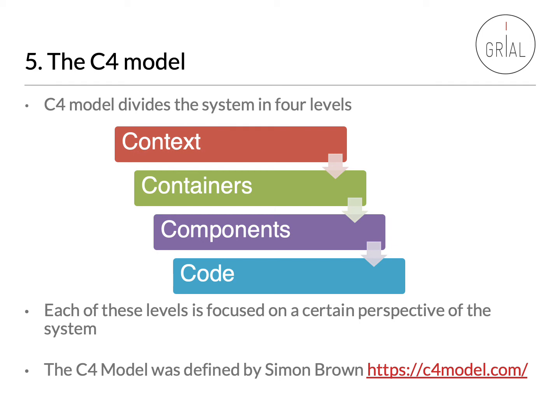Regarding the C4 model, the syntax is simple and flexible. There are 4 models to model the systems: the context, the containers, the components, and the code. Each of these levels of the C4 model is focused on a certain perspective of the system.